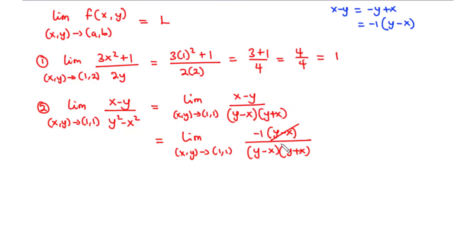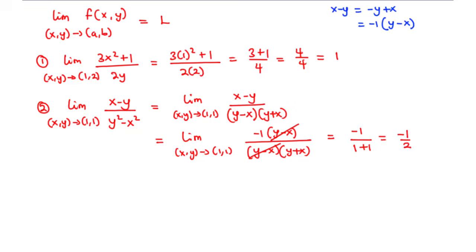At this point, you can cancel out y minus x, and then we do direct substitution. So we have negative 1 on top divided by y is 1, x is also 1, so 1 plus 1, and that is equal to negative 1 over 2. Therefore, the limit of this function as (x, y) approaches (1, 1) is equal to negative 1 over 2.